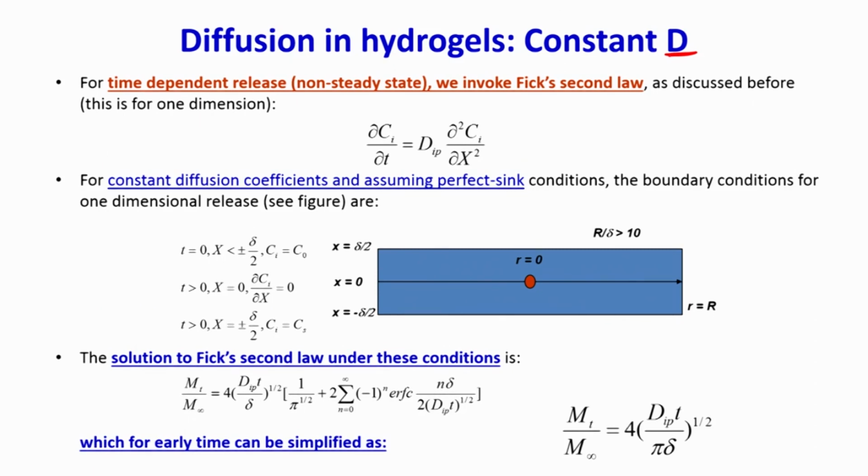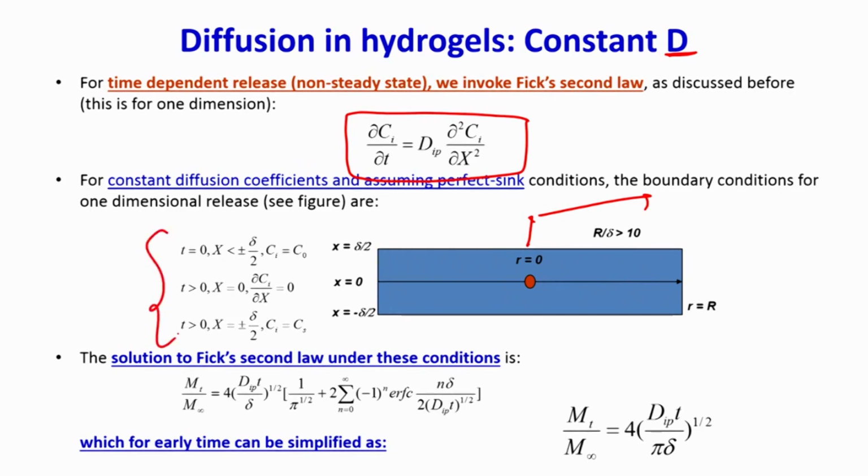For time dependent release we will invoke the second law, which is defined by this in one dimension. If the diffusion coefficient is constant and we assume that whatever drug comes outside is immediately sucked away, then we can define the boundary conditions as defined here.